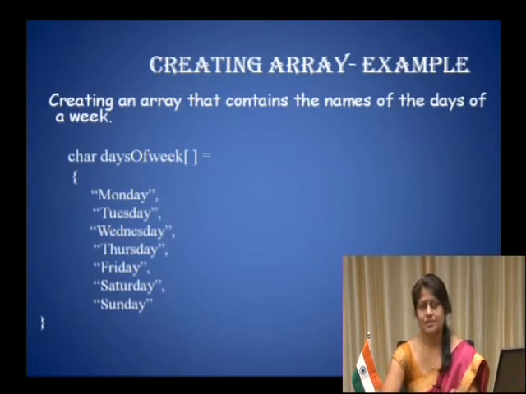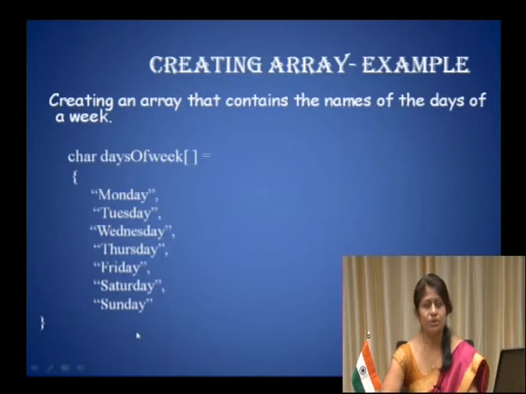As you see, I am saying char daysofweek, and I am not specifying the length of the array. I have just left it blank, and I am saying the values of this character array could be Monday, Tuesday, Wednesday, so on till Sunday.